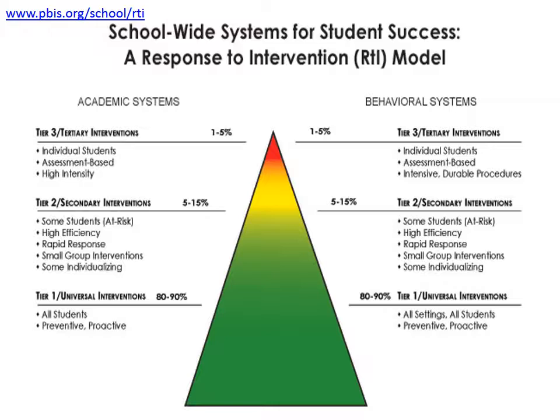At Tier 3, students at this level may receive a functional behavior analysis. This assessment is used to determine if a child, in fact, has a disability of some type that is interfering with the student's ability to learn and to function in the social setting as required.